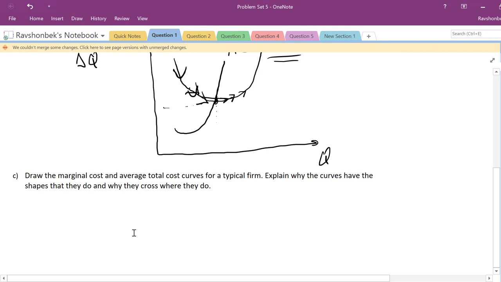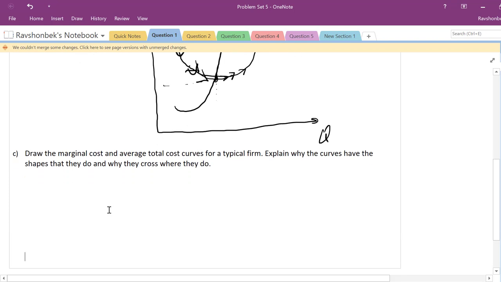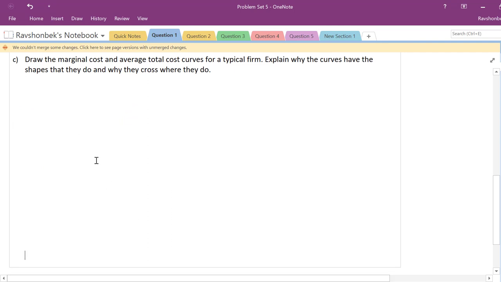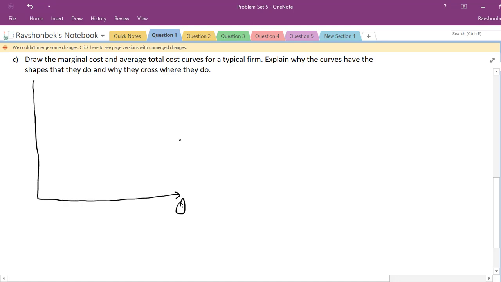Now, draw the marginal cost and average total cost for a typical firm. Explain why the curves have the shapes that they do and why they cross where they do. This is an interesting one, so it links to part B as well. Let's give ourselves some space here. Quantity and cost.